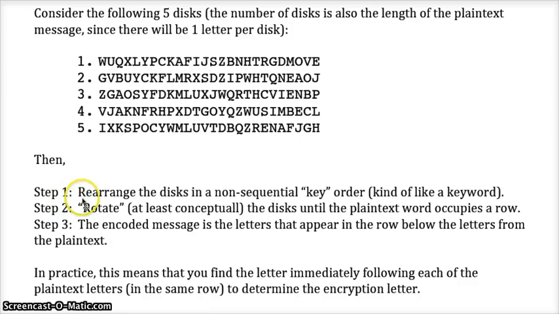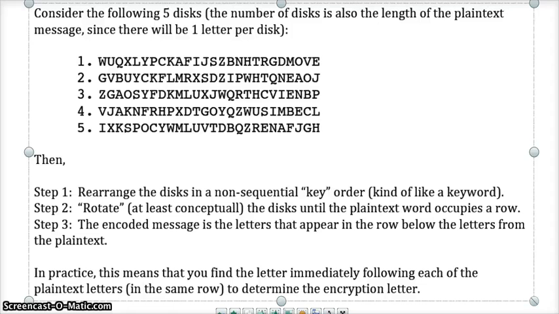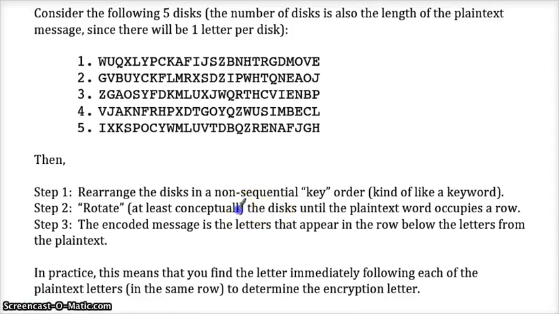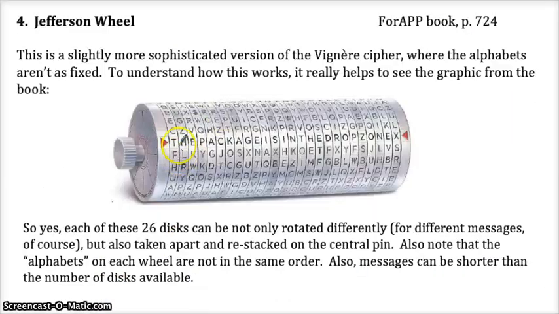So the way this works, step 1, rearrange the disks in a non-sequential key order. So they're going to give you an order of these disks. They might say the order of the disks is 4, 2, 1, 3, 5. And then rotate, at least conceptually, the disks until the plain text word occupies a row. And that means like, dial in your message so that it actually makes sense like that.